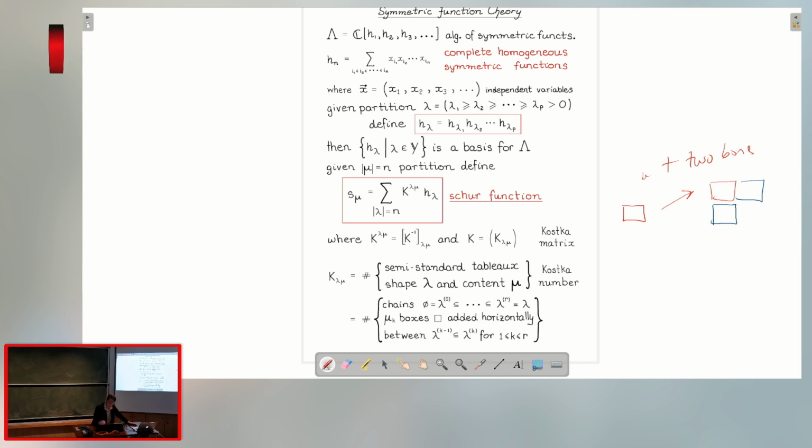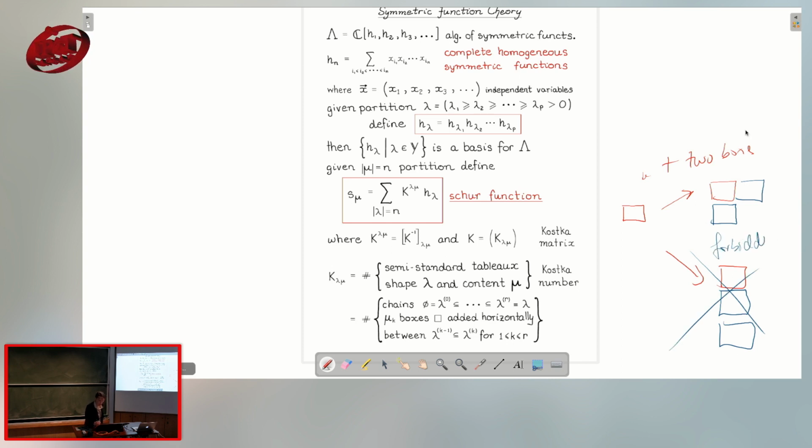But what's forbidden is stacking the 2 boxes beneath one another. So this is forbidden. I'm allowed to ascend without my blue boxes inhabiting the same column.